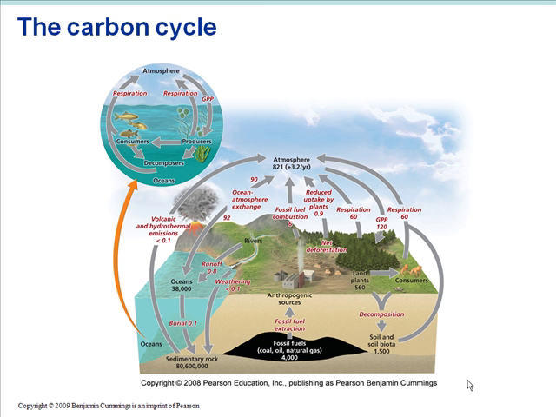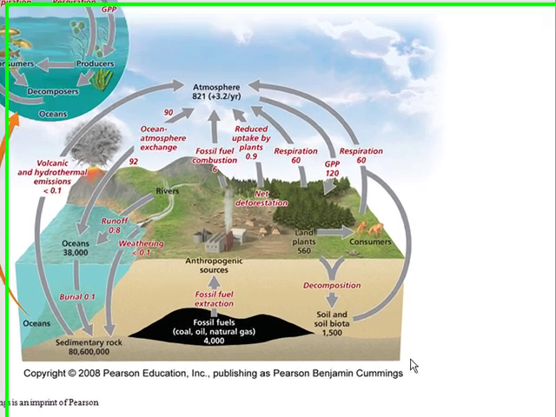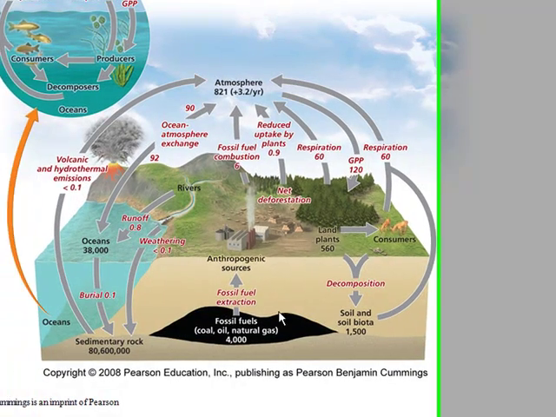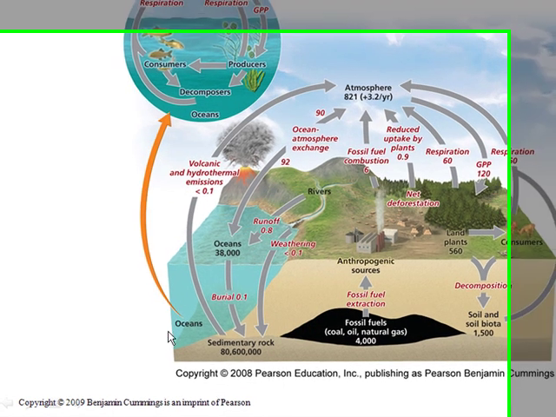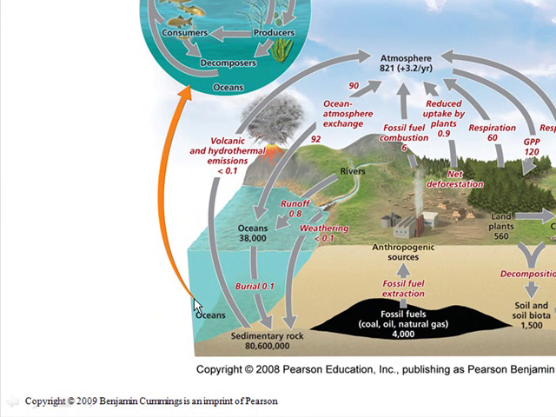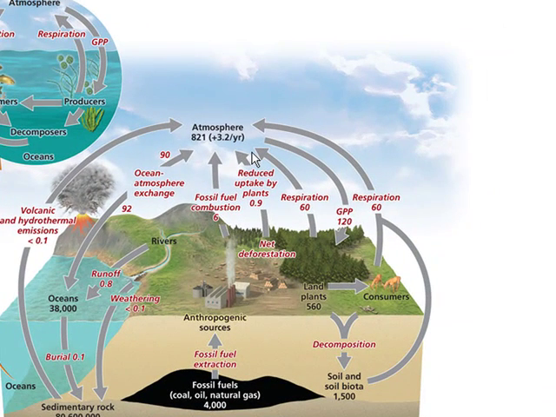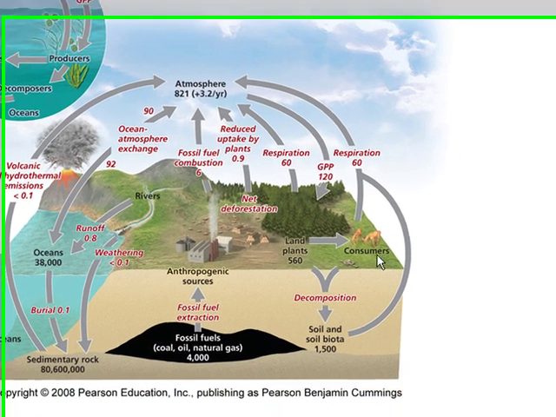Let's start with the carbon cycle and talk about some of the main parts of the cycle. Let's start with a little bit of a discussion of the pools. The main pools of the carbon cycle are sedimentary rock, which is the largest pool of the cycle, oceans, which is the second largest pool, right, or reservoir, the atmosphere, and land plants and consumers.